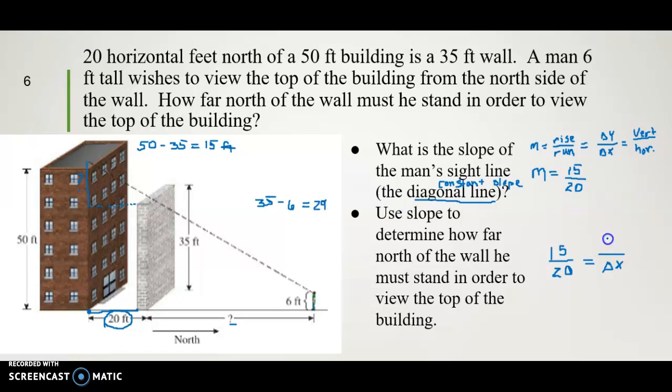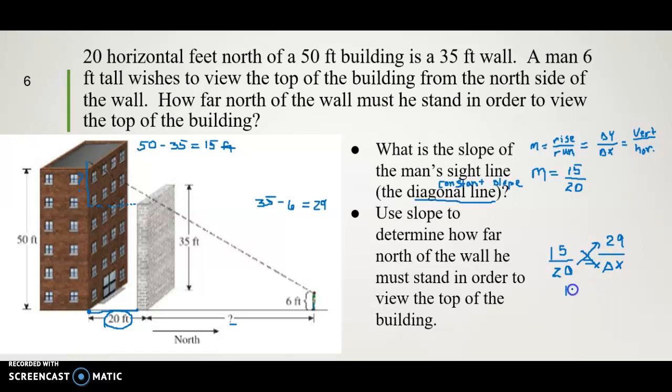So really what I'm asking here in my proportion is if the vertical distance changes by 29, in that same time frame, how much does the horizontal distance change? And so we can solve this using our cross product idea because we have two fractions that are equal. So we're going to multiply on the two diagonals here.